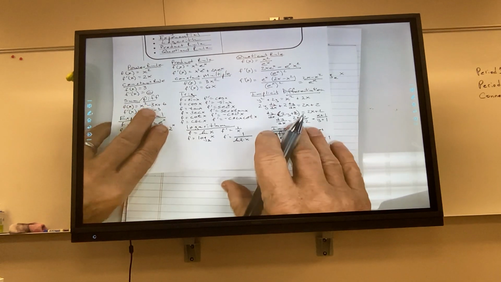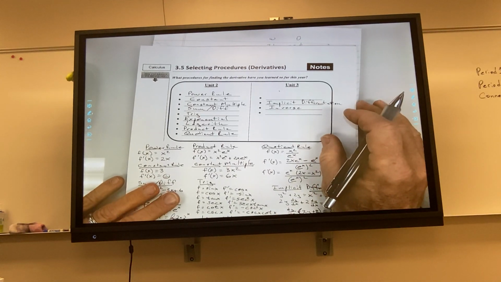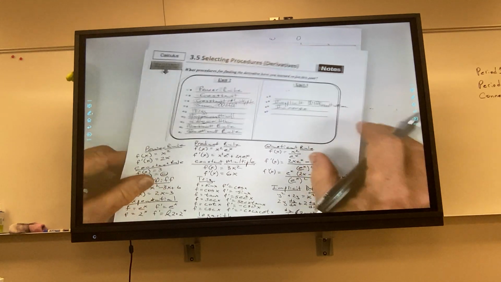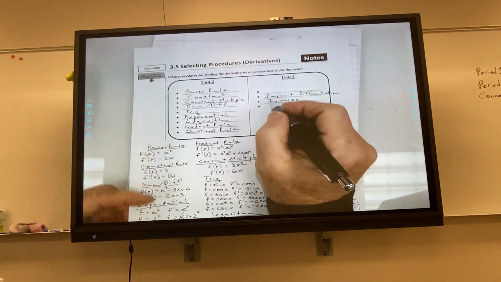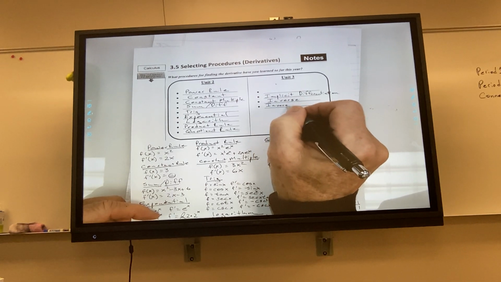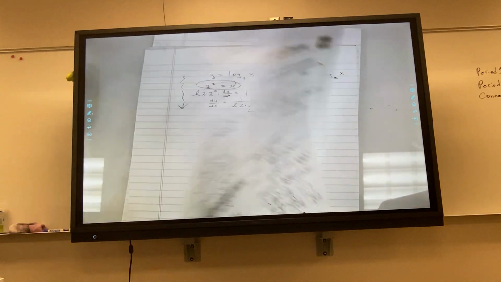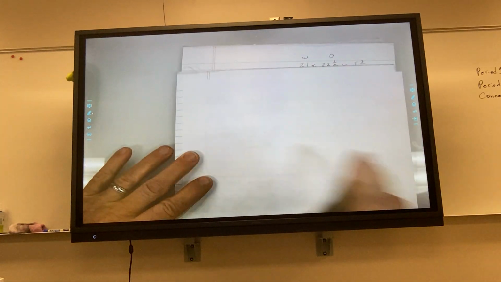All right. We're missing 2. Inverse trig. Inverse trig is here. So I'm going to do that on the back side. Inverse trig.